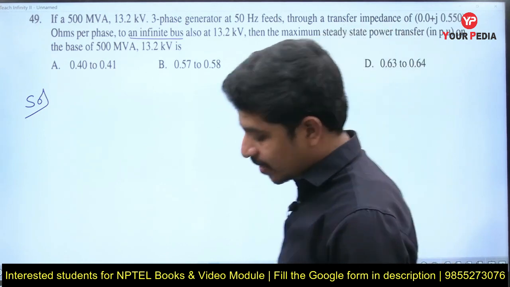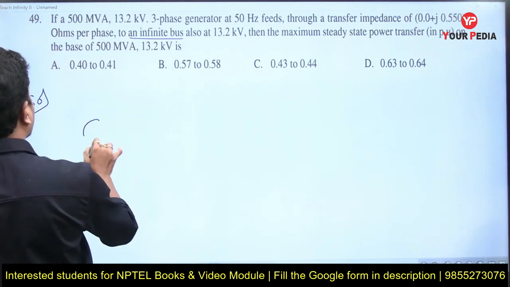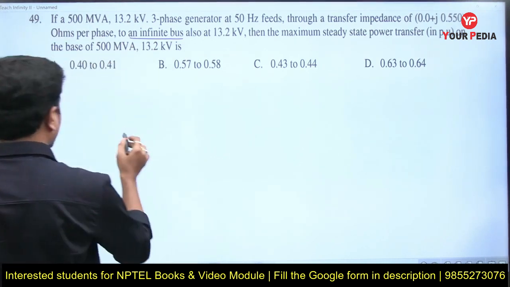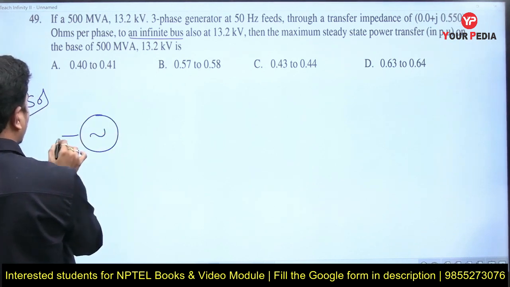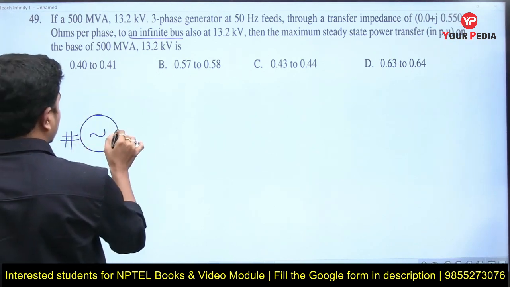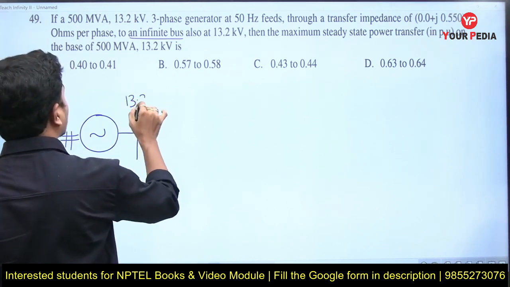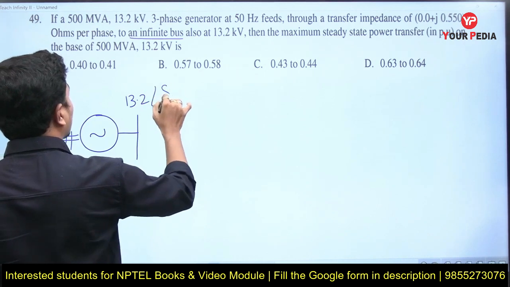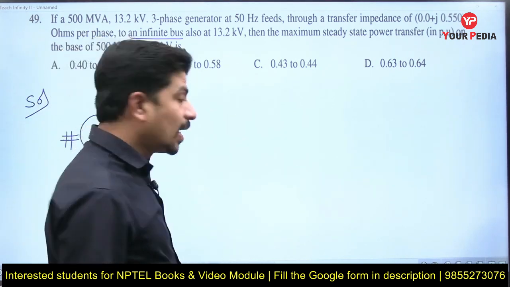13.2 kV is. So what he is saying is, there is a synchronous generator. Steam input is given to this one, this is the symbol for steam input. And the voltage here is 13.2 kV at an angle delta.